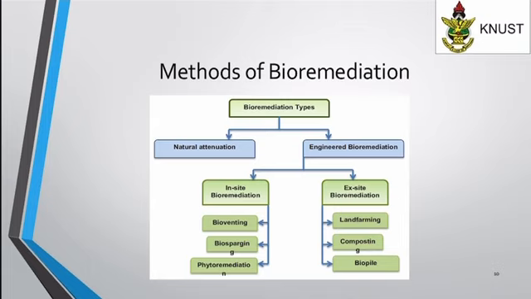The bioremediation types are natural attenuation and engineered bioremediation. For engineered bioremediation, we have in situ bioremediation, and under that we have bioventing and biosparging, and then when it comes to ex situ, we have land farming, composting, and then biopile.